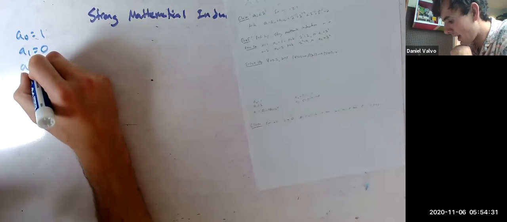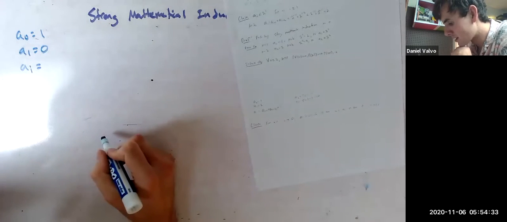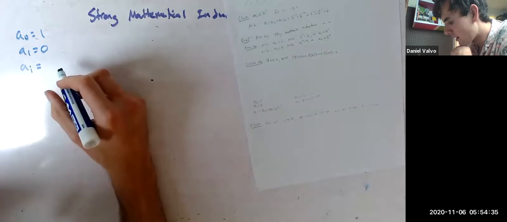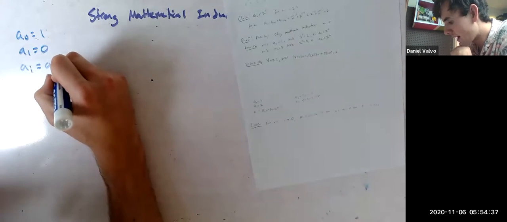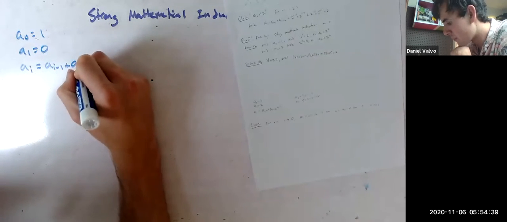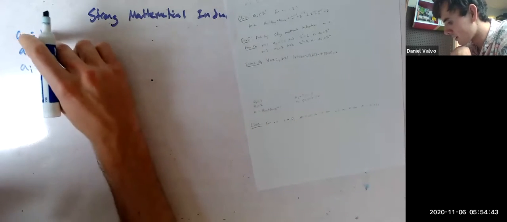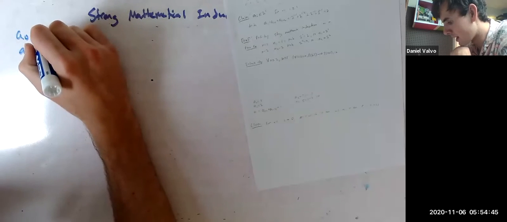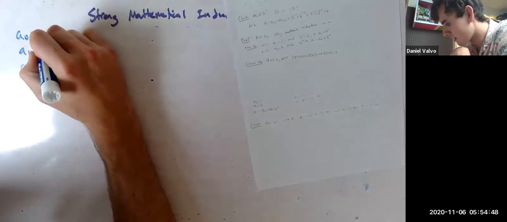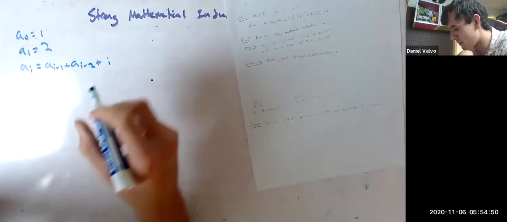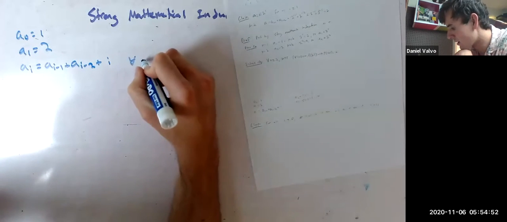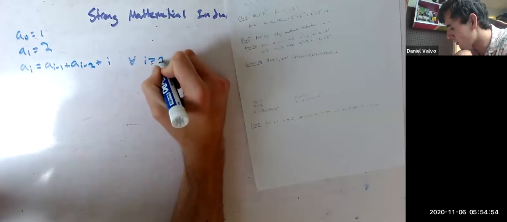And then A_i is going to equal A_{i-1} plus A_{i-2}. Actually, I'm sorry, I wanted to have 1 and 2 here. There we go. A_i equals A_{i-1} plus A_{i-2} plus i for all i greater than or equal to 2.